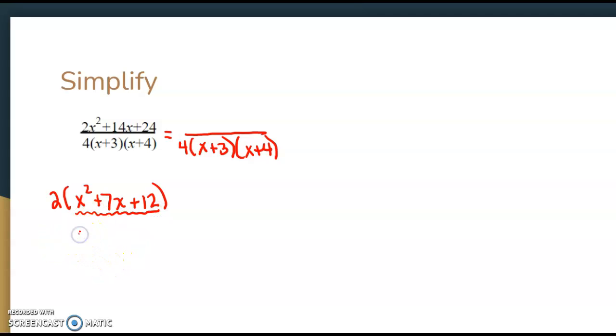So a times c is 12. They need to add to 7. So let's see, what multiplies to 12? 1 and 12, 2 and 6, 3 and 4. 3 and 4 are going to give me 7.